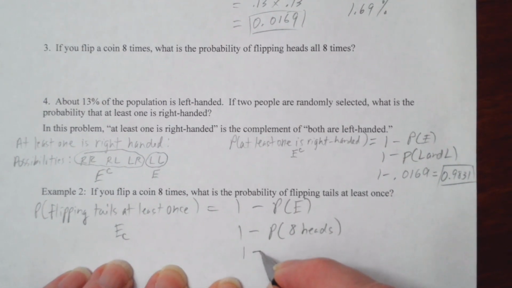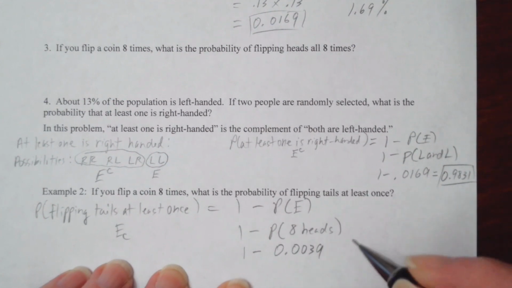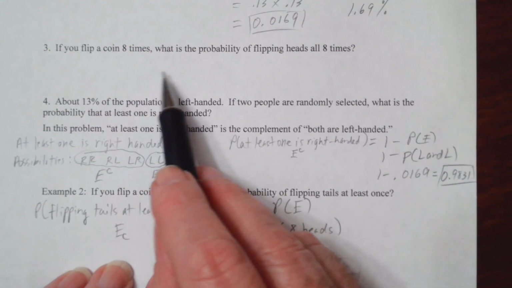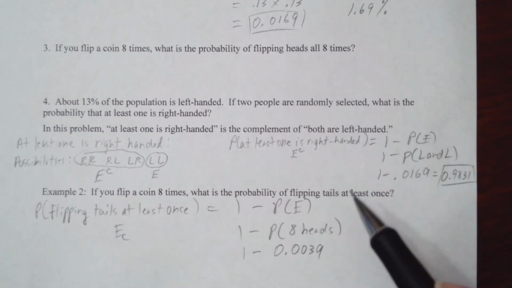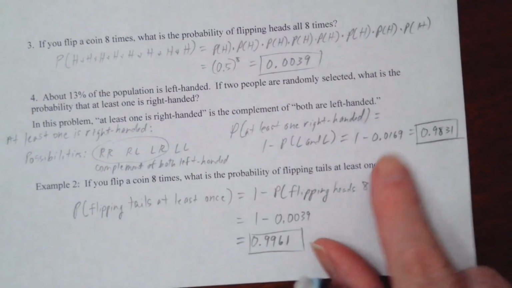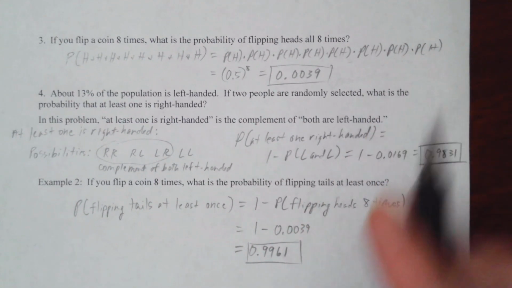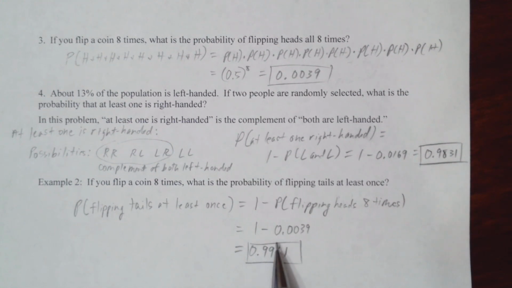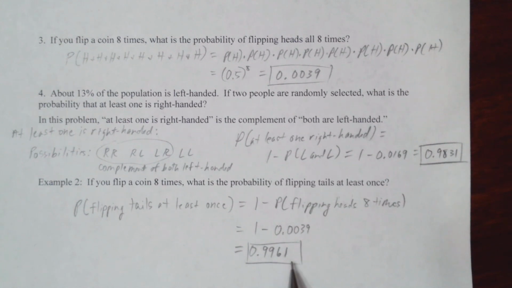So this is 1 minus 0.0039. That was problem number 3 up here, which I had the answer on earlier, but so I guess I can put it up here. So here, 1 minus 0.0039, we get 0.9961, or 9,961 ten-thousandths.